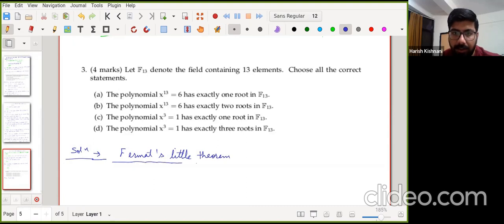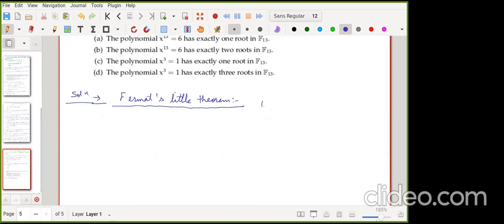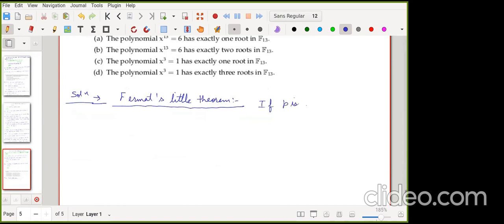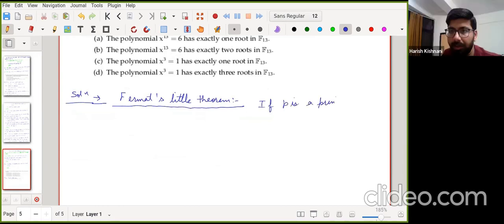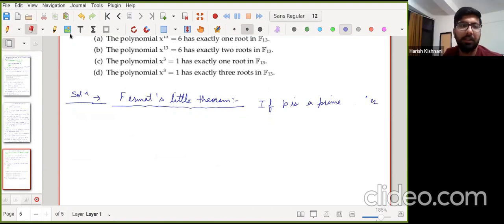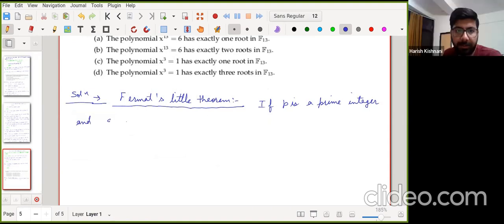So what Fermat's little theorem says, if P is a prime integer and A is strictly less than P.